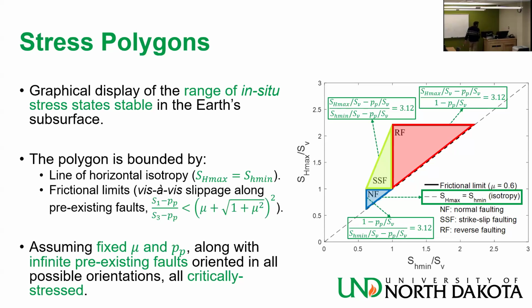There is much more blue and green than red, I would say, which tells you that most stress states in the Earth's subsurface are clustered around this portion of the map, like that area, southwest corner of that stress polygon.